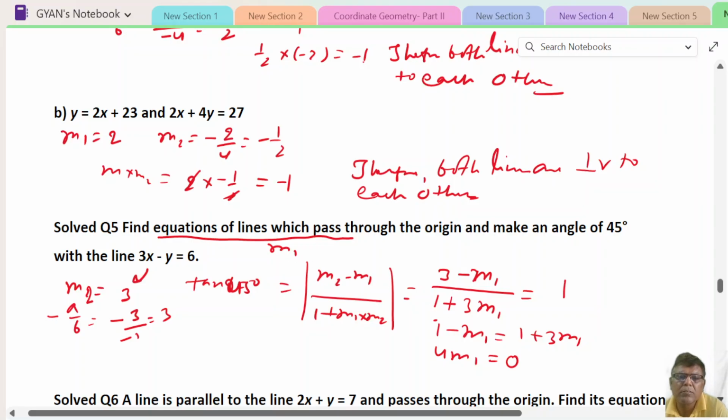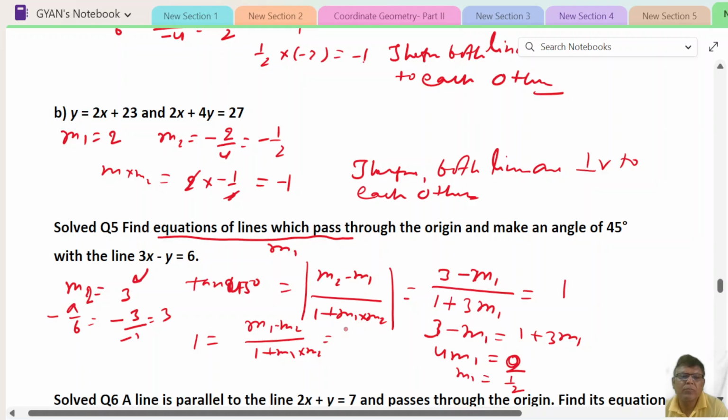Sorry, this is 3, no? 3. So 4m1 is equal to 2. So m1 is equal to 2 by 4, that means half. So now see, this is in mod, this can be negative also. So 1 is equal to, we can write m1 minus m2 divided by 1 plus m1 into m2.